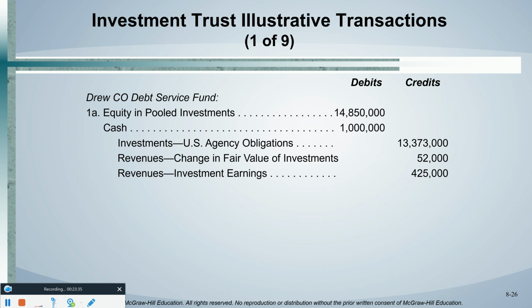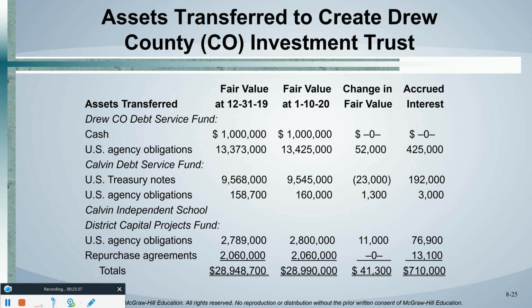So if we go back to Drew County's investments, what did Drew County Debt Service Fund's investments look like as of December 31st, 19? $1 million in cash, $13,373,000 in U.S. obligations.